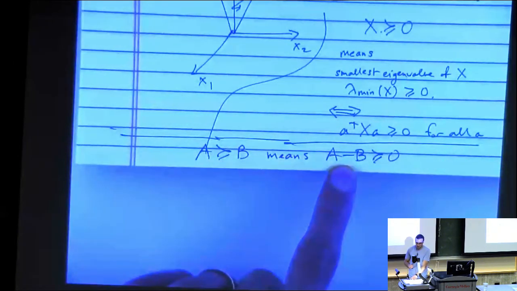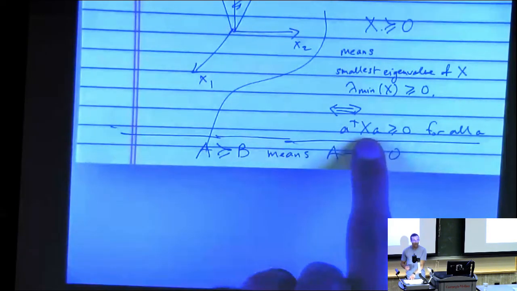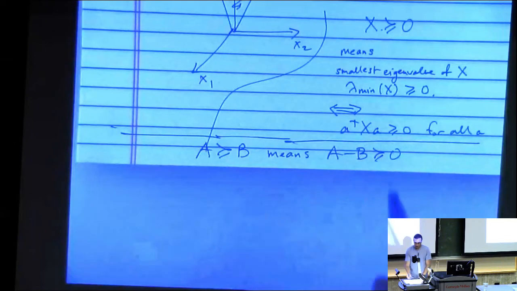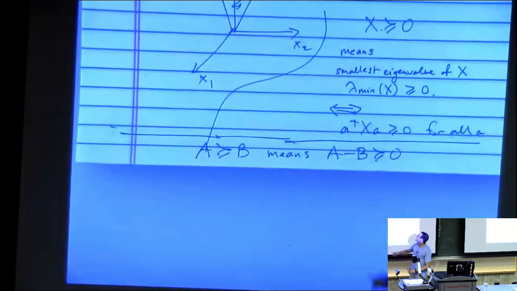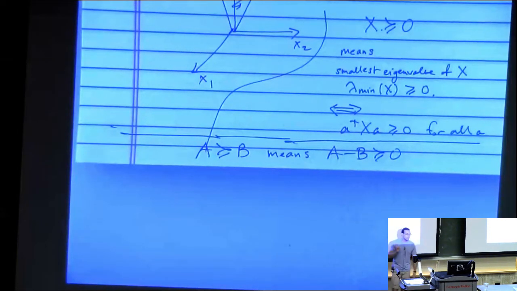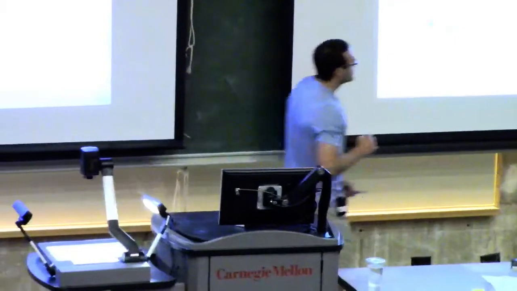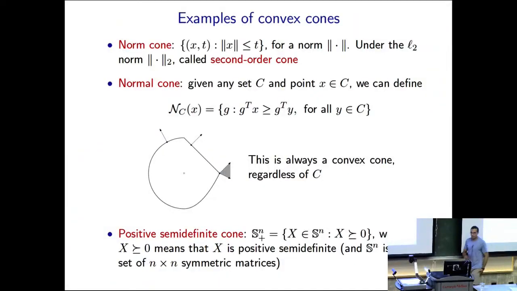Okay, so it means A minus B has a smallest eigenvalue that's bigger than or equal to 0, or this property holds for x equals A minus B. So this is how we define an ordering on symmetric n by n matrices. Any time we write something like this, we really just mean that their difference is PSD. Okay, so the set of all PSD matrices is a convex cone.